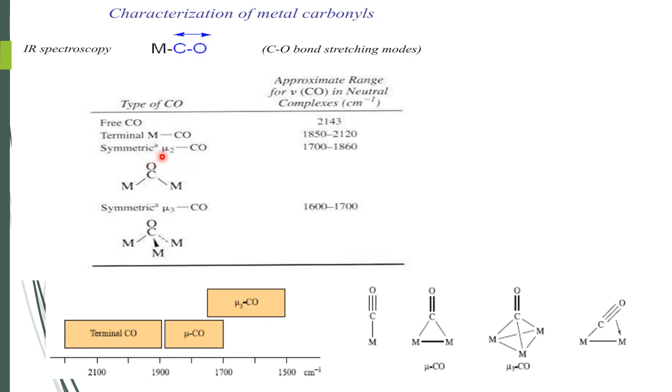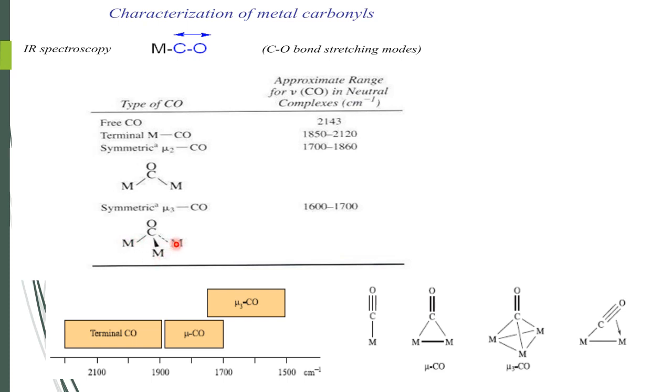And if it is a symmetric mu2, that means the carbonyl is bridging between two metal centers, then the stretching frequency decreases even more. And if you go further, to mu3, where mu indicates bridging, mu2 means between two metal centers and mu3 means three metal centers. The stretching frequency decreases even further because the electron density of the carbonyl group is shared among these three metal centers, which pull the electron density toward themselves.